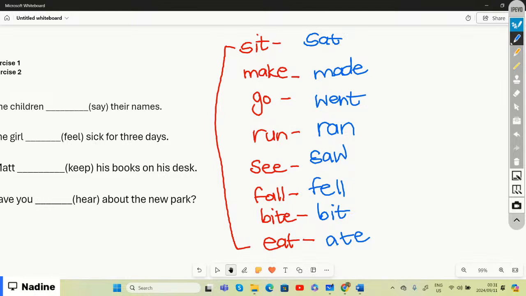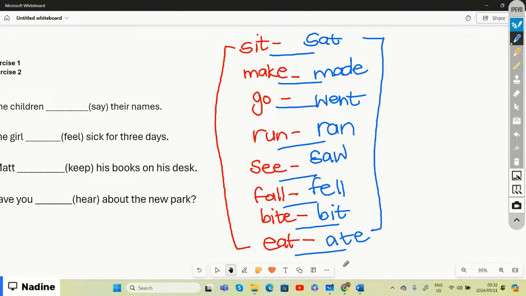Well done, right? So if you look at all these words, these are irregular past tense. These are not regular past tense. That is why all of these words are different. We did not follow rules. You just remembered the past tense forms of these words.